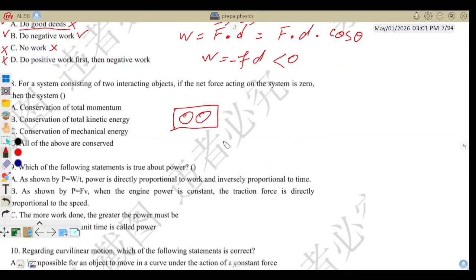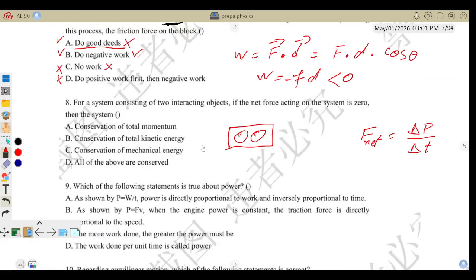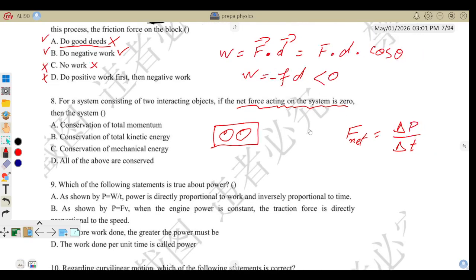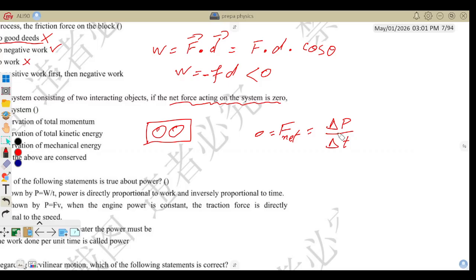If we take Newton's second law in terms of momentum, the net force is the rate of change of momentum. So what they give us here is, if the net force acting on the system is 0, that means all of that equals 0.